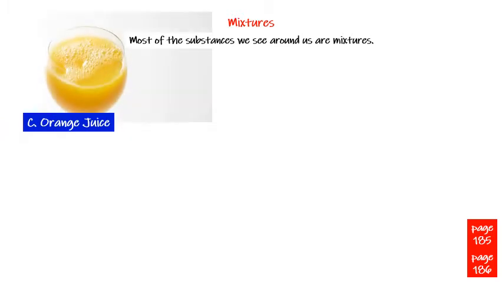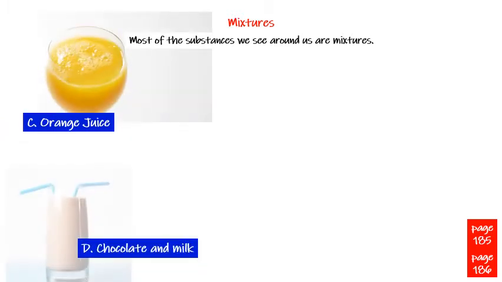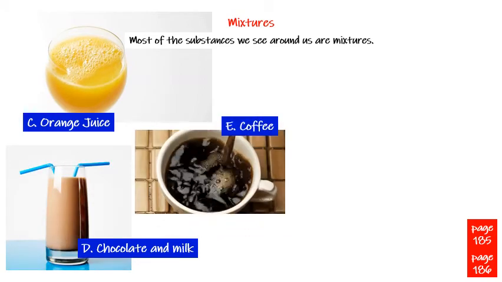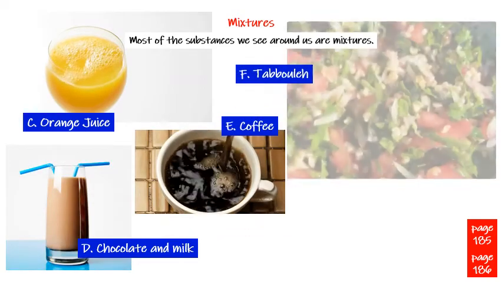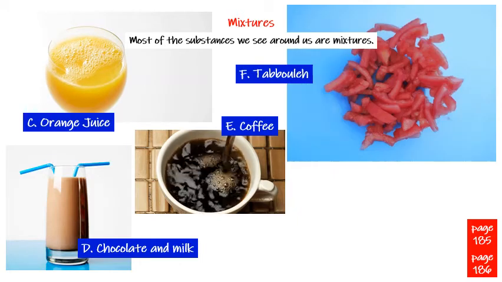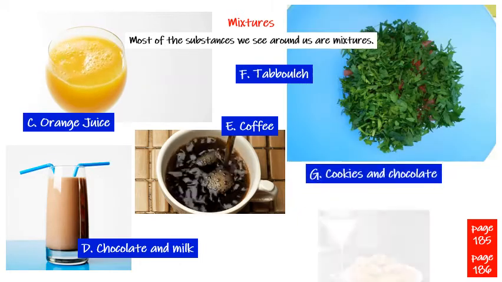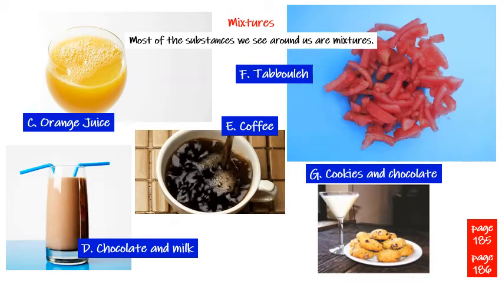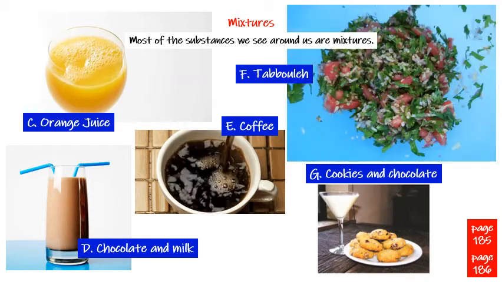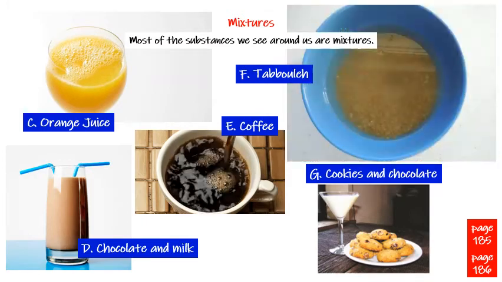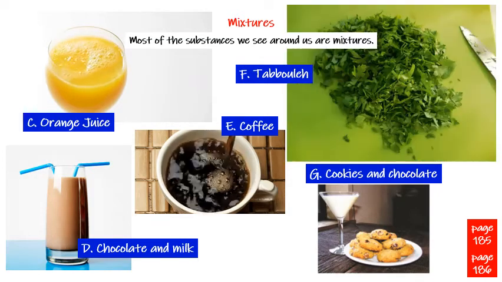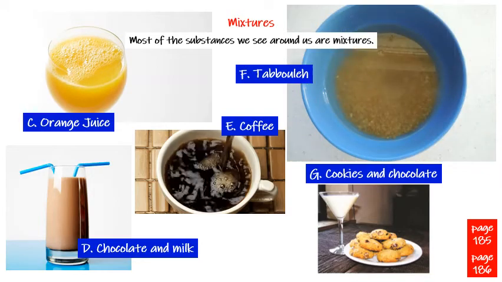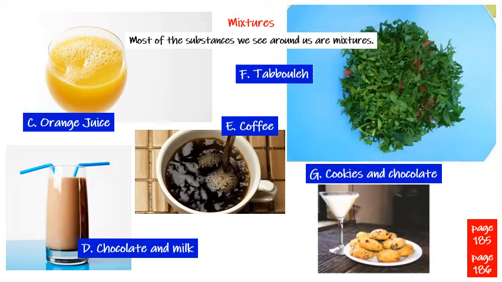Orange juice, chocolate and milk, coffee, tabbouleh, cookies and chocolate. All of these examples help us know that a mixture is a combination of different things. We are mixing things together to get different mixtures.